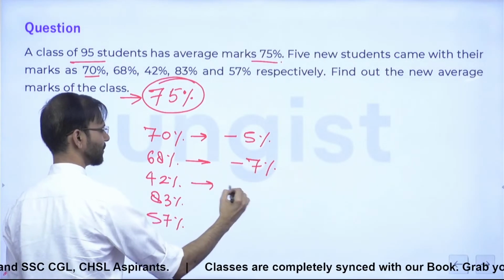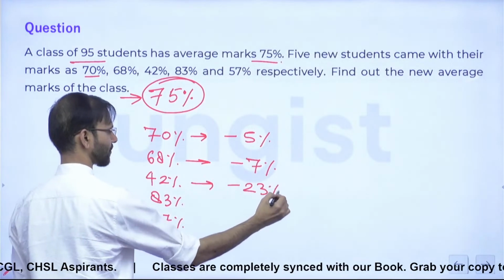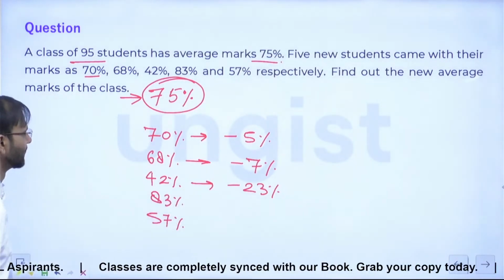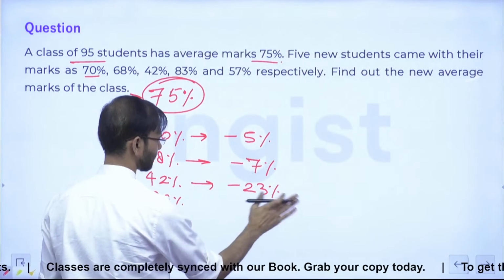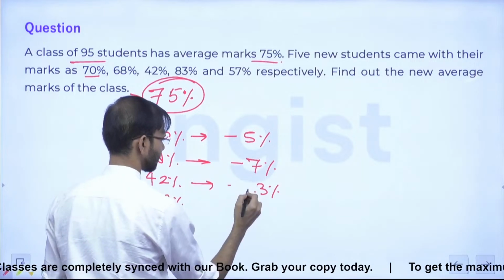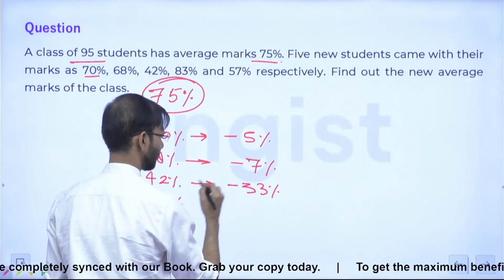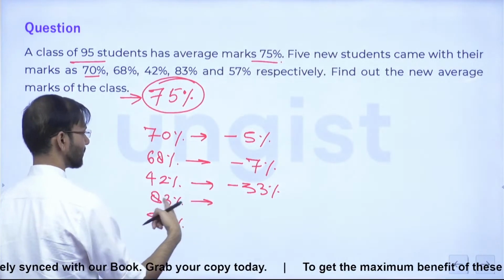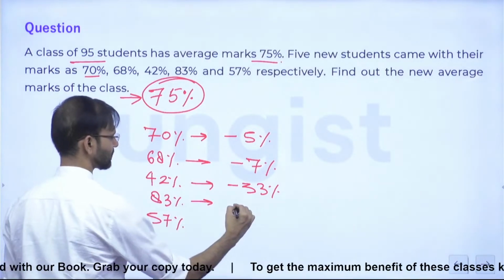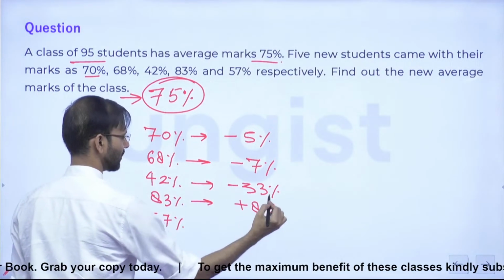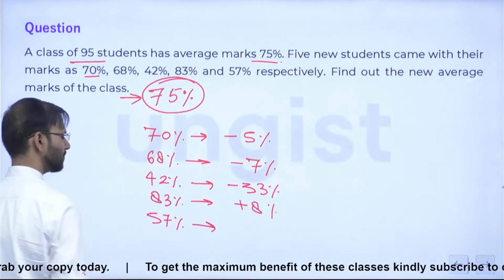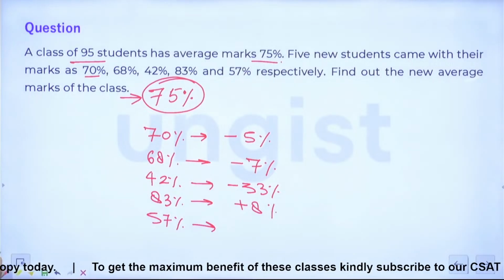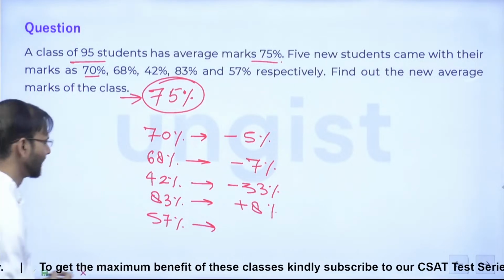What is this? -33, I'm sorry. This is -33. What is this? +8. Yes. And what is this? -18, correct.